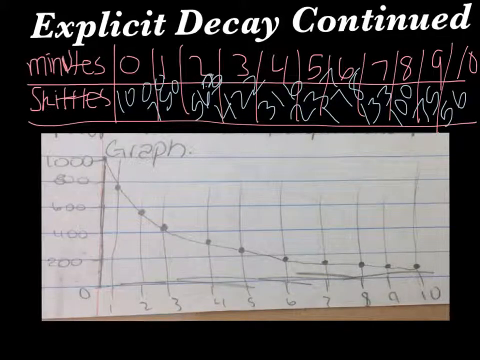The graph is a curve, so it goes down like that and it slowly gets smaller.